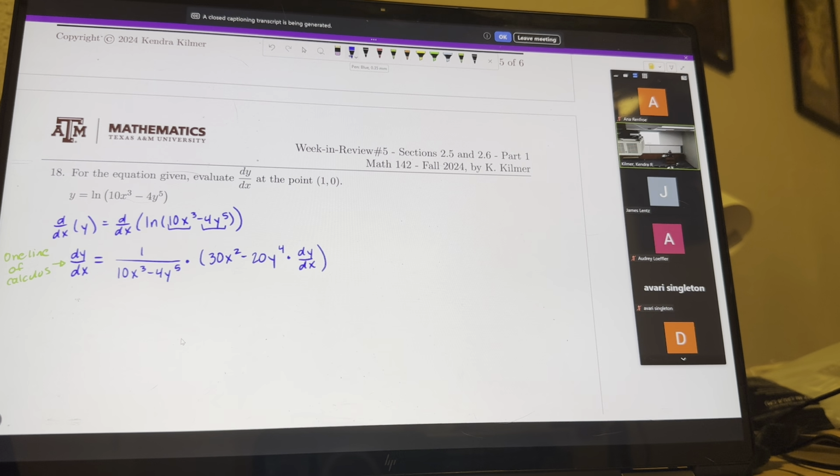So I'm going to multiply both sides by this 10x cubed minus 4y to the 5th. So we have dy/dx times 10x cubed minus 4y to the 5th is equal to 30x squared minus 20y to the 4th times dy/dx.